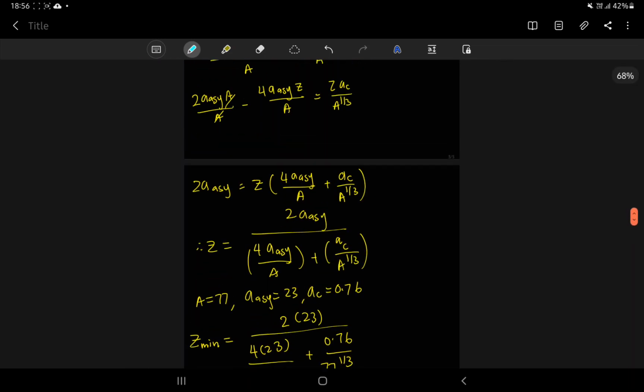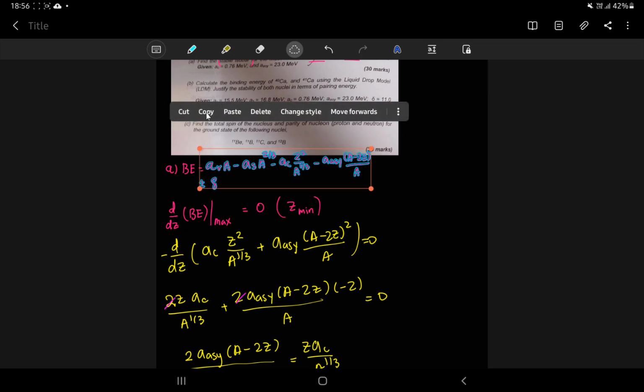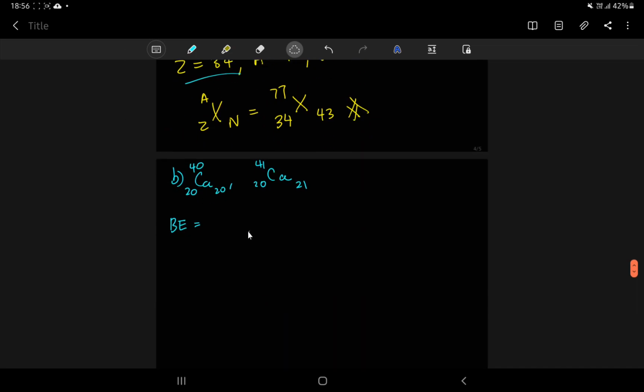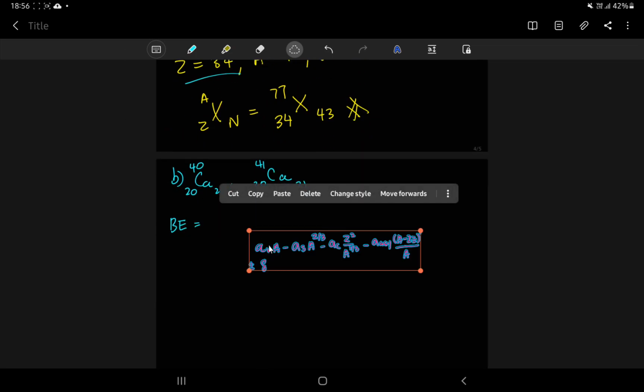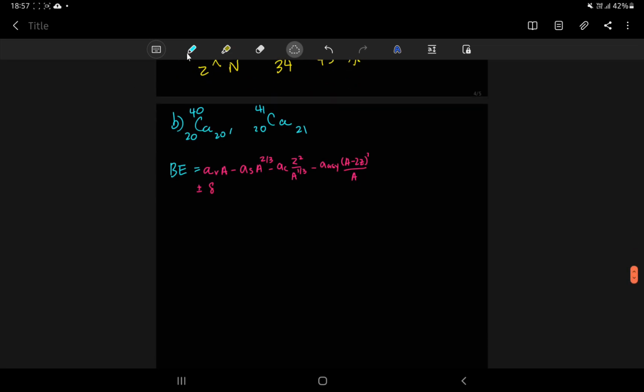Let me not waste my time, just copy the formula that I've written. Copy and paste it. So the binding energy, first we do it for calcium 40.